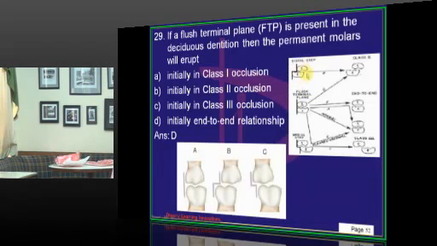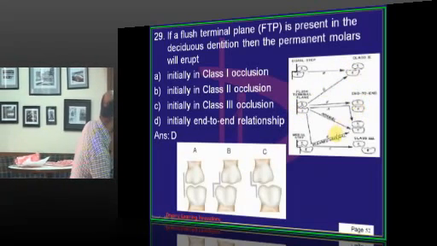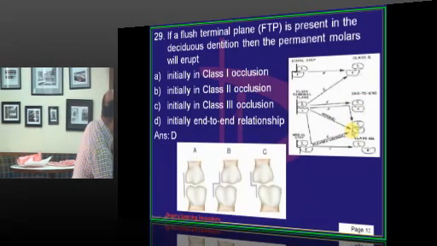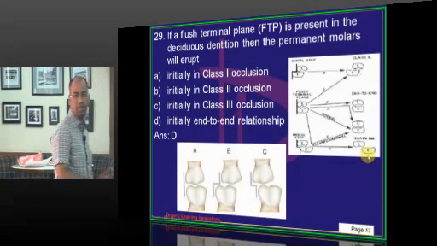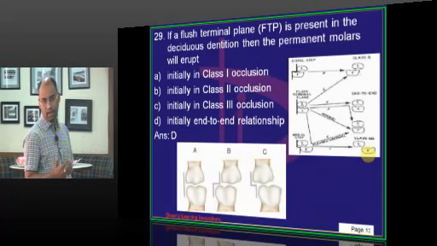So the distobuccal cusp is sitting there, and this will go into a class 2 molar many a time. And a flush terminal can go to class 2, or an end-on, or a class 1. And the mesial step will either go to a class 1 or a class 3. Mesial step is where the lower dentition is mesially placed or far ahead.